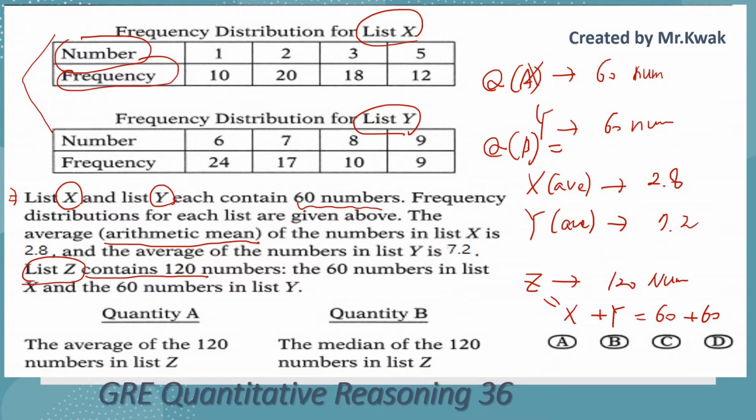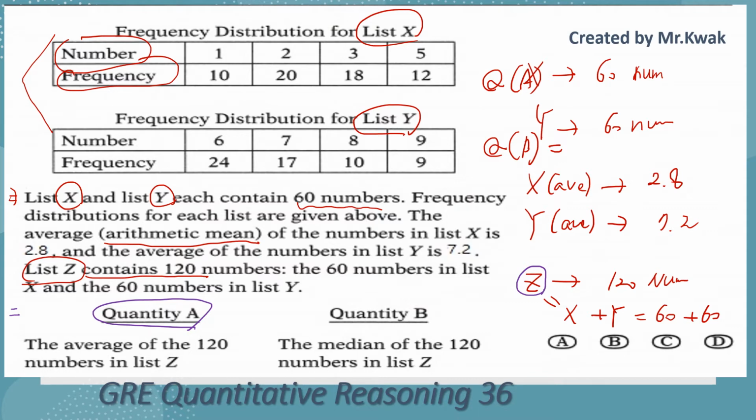First of all, with a different color, with purple, the average of the 120 numbers in list Z is, first of all, what we have to know is Z equals X plus Y regarding the numbers. Is that correct?